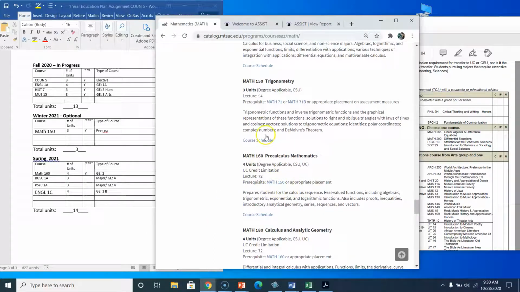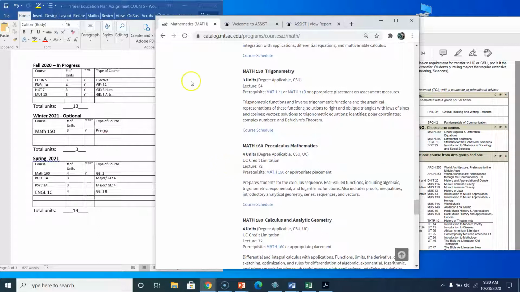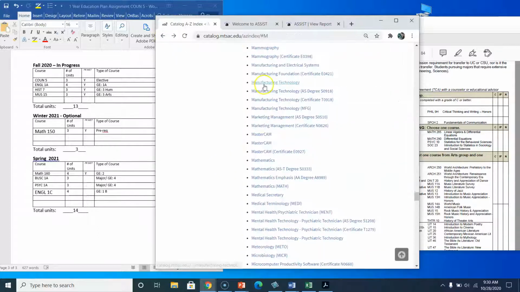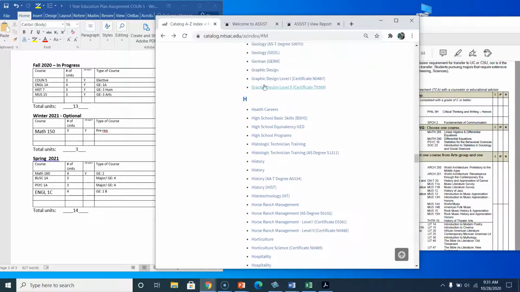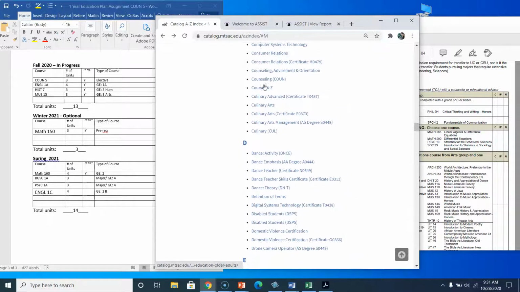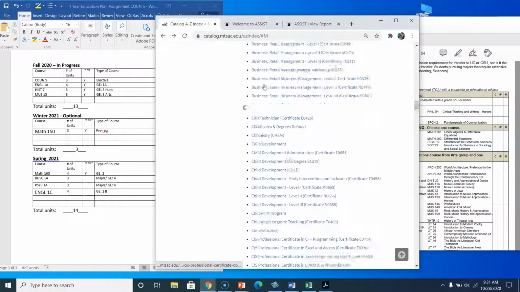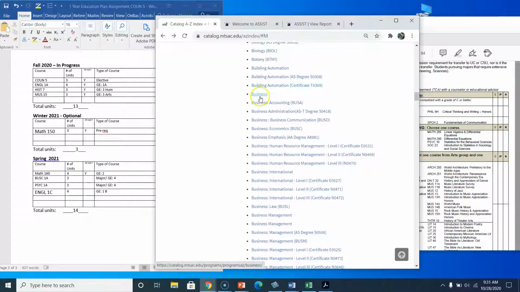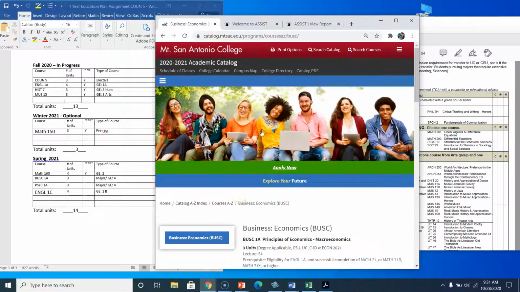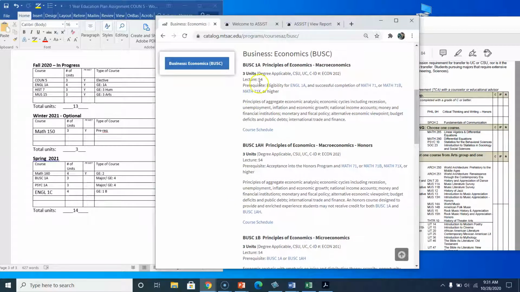So we know I meet the prereqs for math. We already looked at those. Let's now look at business. So you can just go to the A to Z index for courses to find them. So business econ is right here. Okay, business econ, you need eligibility for English 1A, got that.